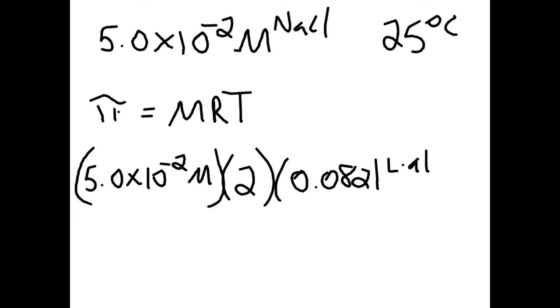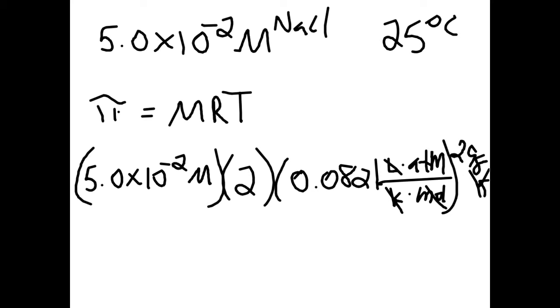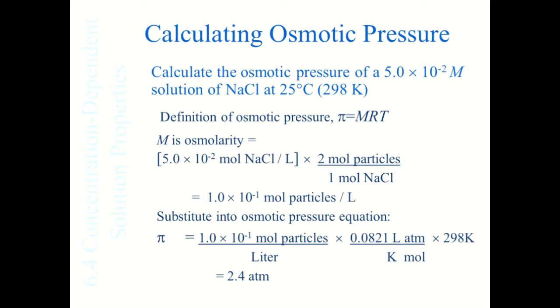R, 0.0821 liter atmospheres over Kelvin moles, and again 298 Kelvin. Kelvin cancel, moles and liter cancel for the molarity, and I'm left with atmospheres. So once again, I do all that and I get 2.4 atmospheres.